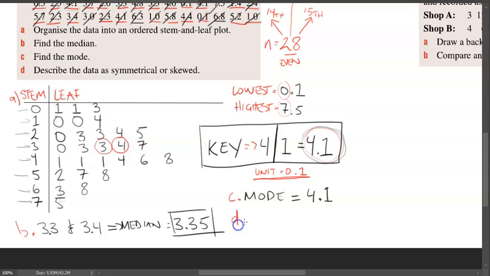Now D is talking about describing the type of data in regards to its skewness. If it's symmetrical or is it skewed? In this case, we can have a look here and see that it starts off, it hits the peak within the 4 point category, and then it tapers off again.